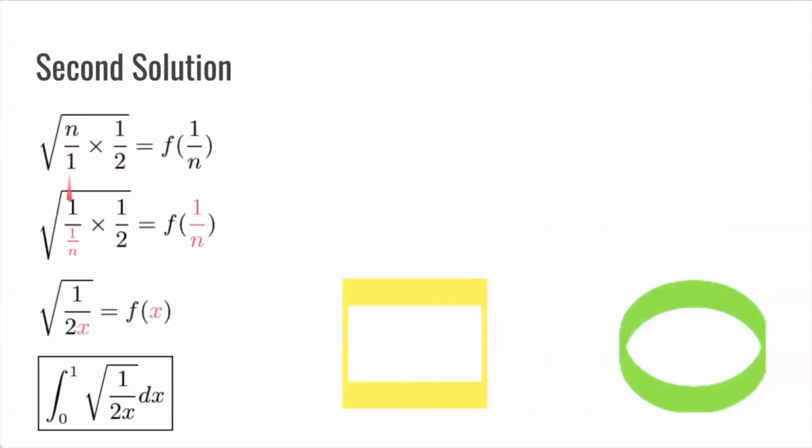All right, n over 1 is the same thing as 1 over n, and we replace 1 over n with x. And then we determine that f of x is equal to this. So therefore, the series that we just saw is equal to the definite integral from 0 to 1 of the square root of 1 over 2x dx. So there are two ways to write the series that we just saw as a definite integral.